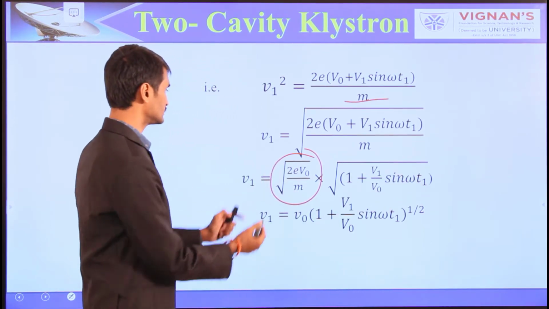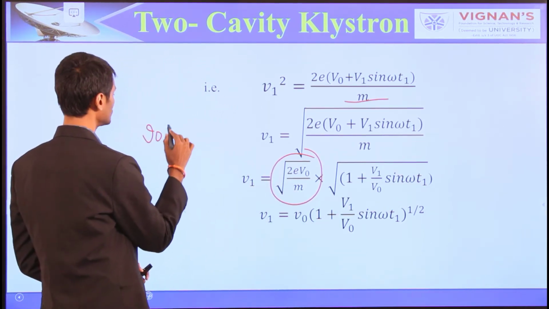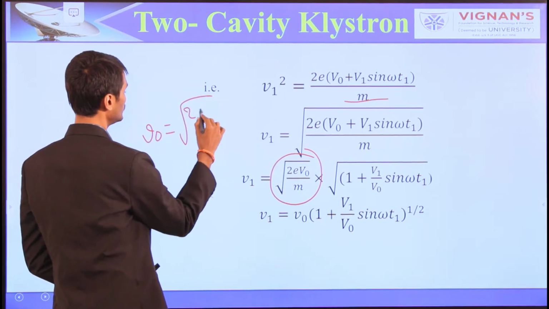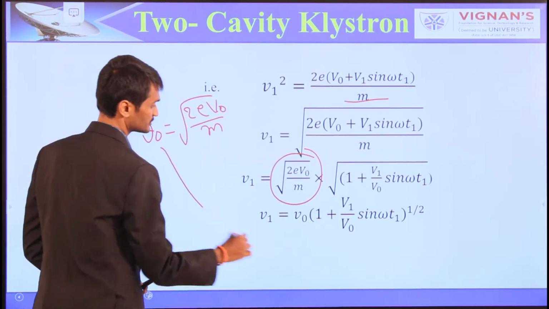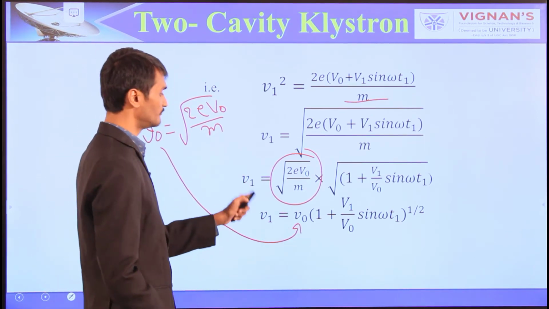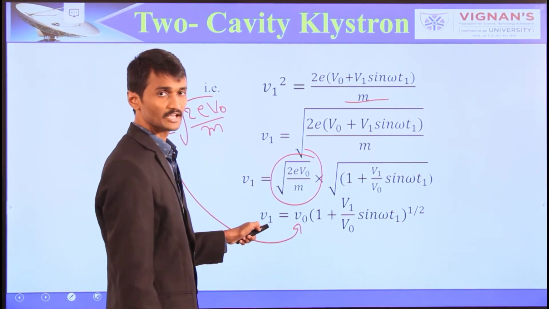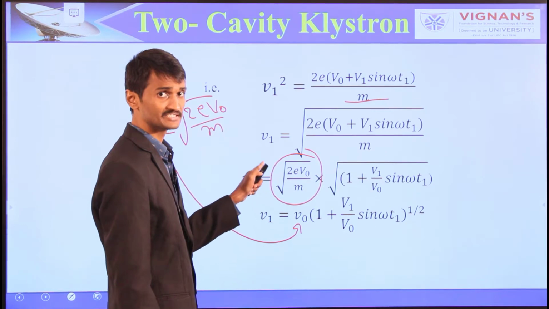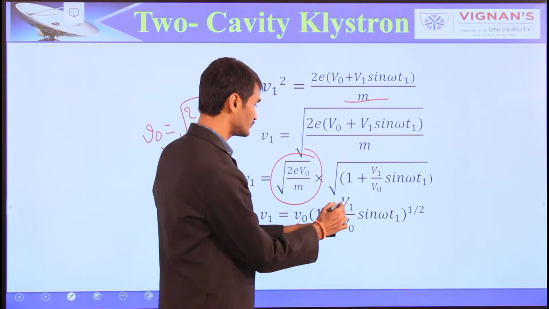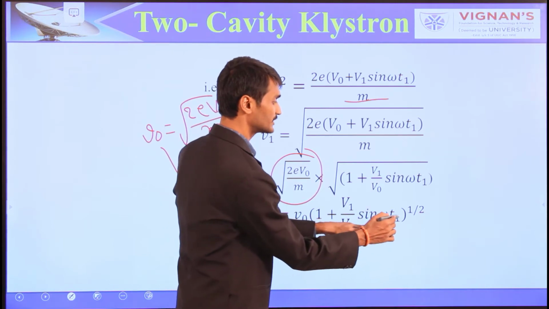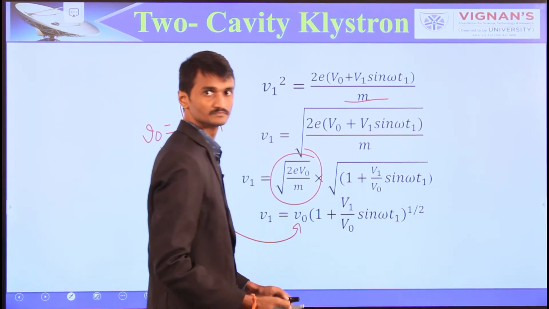Here we already know that v0 is equal to square root of 2eV0 by m, that we have to substitute here. So v1, the velocity of the electron after leaving the buncher cavity, is equal to v0 into 1 plus V1 by V0 sin omega t1, whole power 1 by 2.